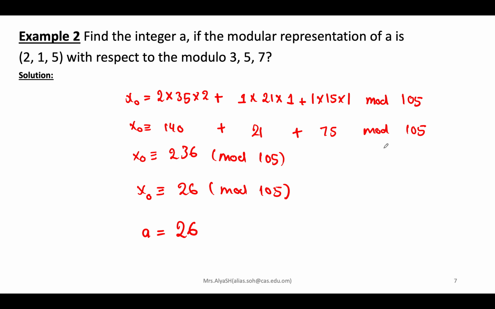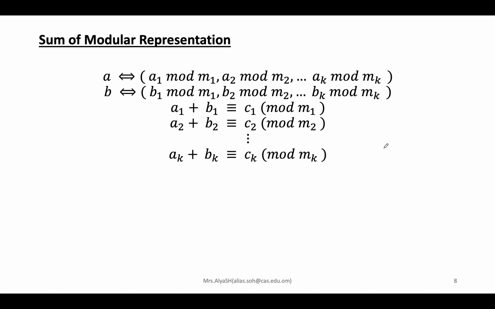So moving to our next point, we can see that we can add a modular representation. In case I have the first modular representation A with the remainder when A1 is divided by M1, remainder with A divided with M, and here we got the third remainder, and B with remainder 1, remainder 2, remainder 3, then A plus B will give me a new remainder which is C1, and the same for the rest.